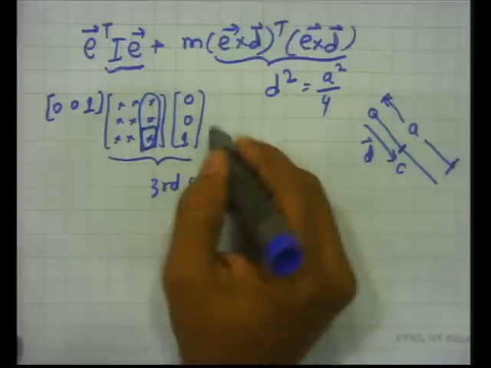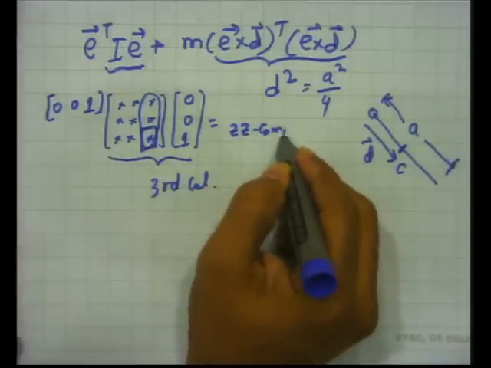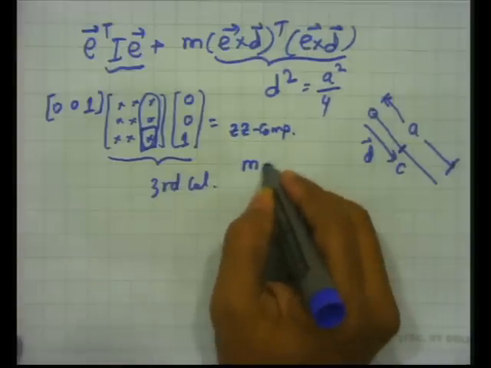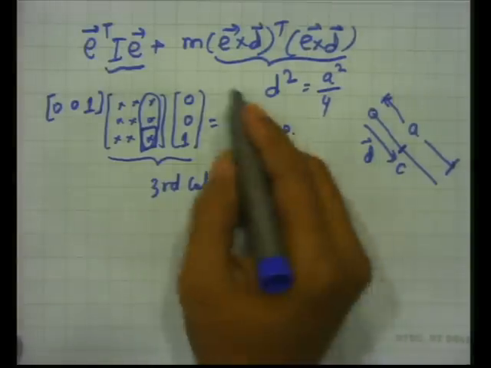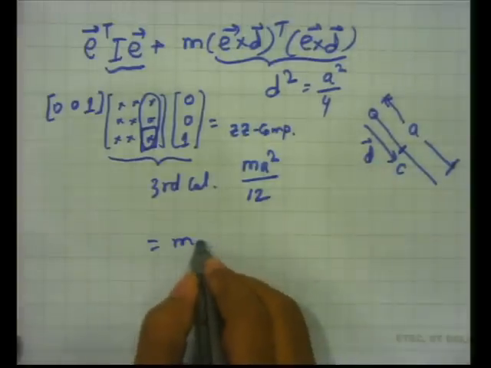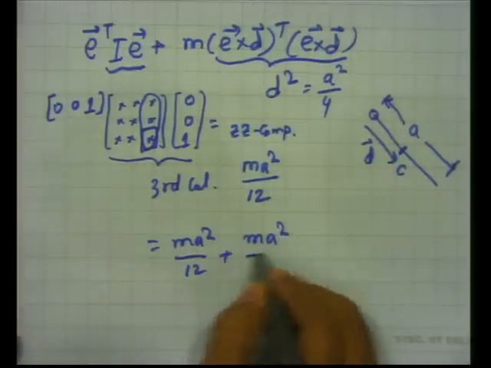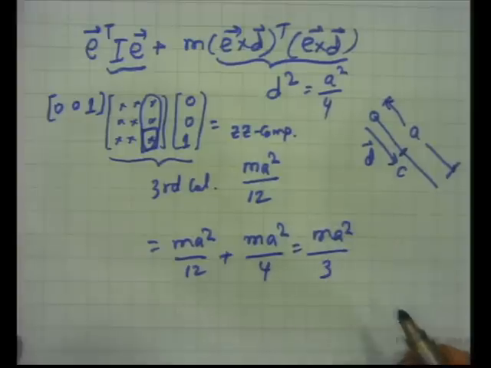So, E transpose I E is nothing but the Z Z component. And what is Z Z component in my previous slide? It is m a square by 12. Okay. Now, you add it, m a square by 12 plus m a square by 4 is equal to m a square by 3.